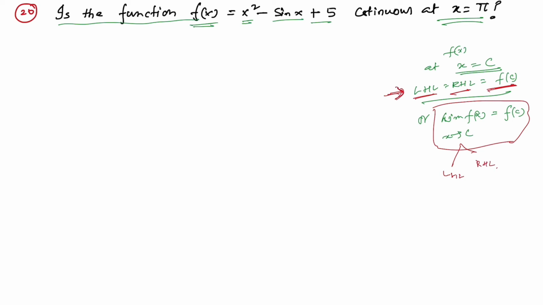But calculation of left hand and right hand limit in all the cases sometimes becomes complicated. That is why here we will use simply this second condition. If the function is defined like this, suppose f of x is equal to x if x is greater than something, and x square if x is less than or equal to something, then it is easier to find left hand and right hand limit.